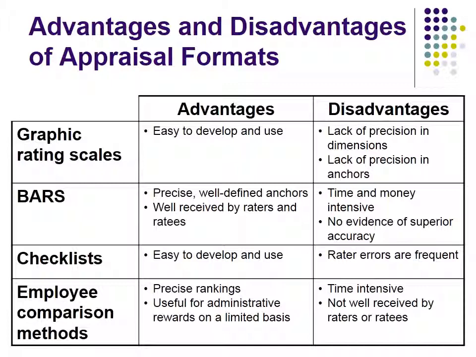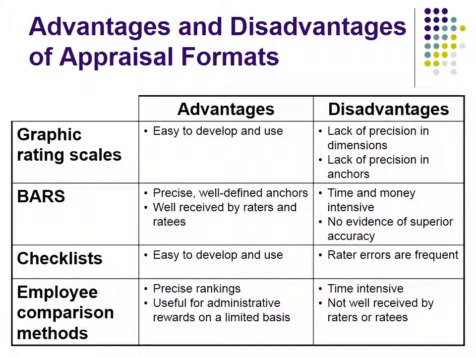It's very easy for you to point out, this is why I rated you a 4, because this is what your behavior looks like, and it matches this description. The problem is the initial construction is very time and money intensive, and also, generally speaking, it's been found that once you go through this whole process, you may reduce a little bit of error, but there's not a lot of evidence that you actually get superior accuracy.